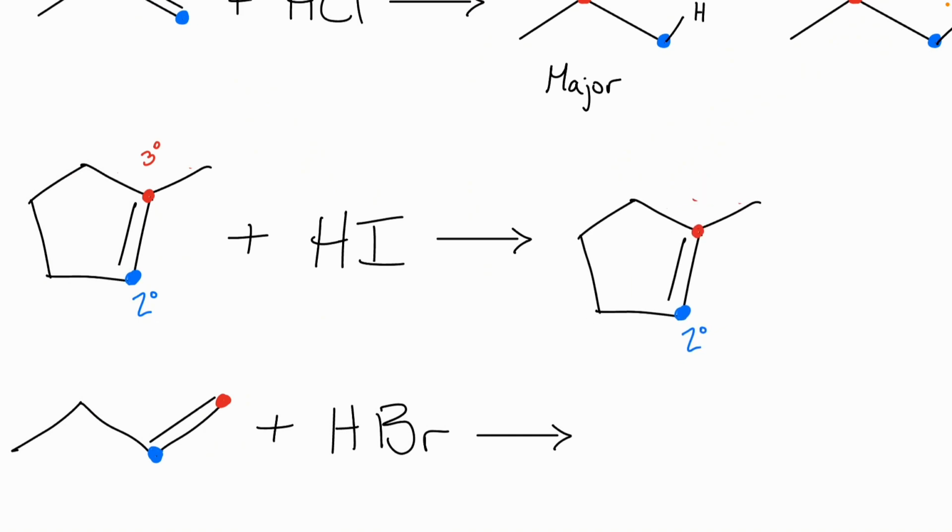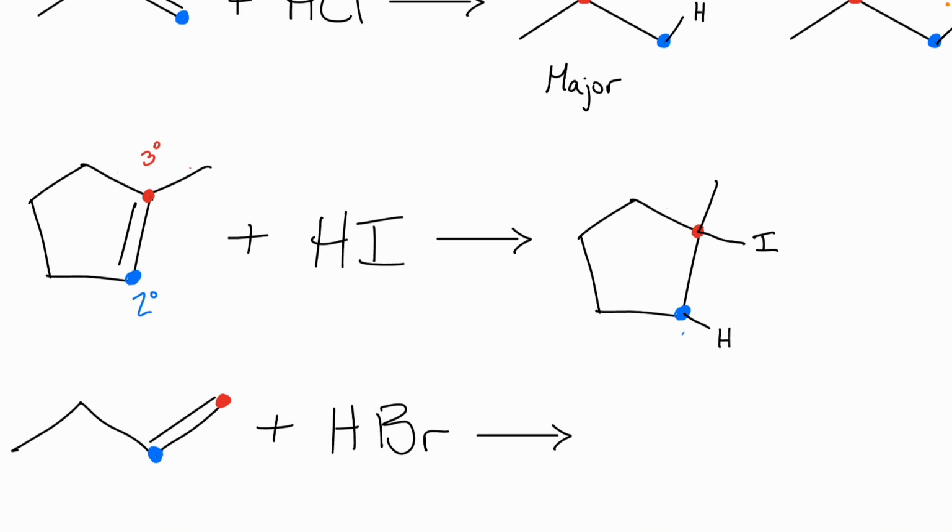Kind of move this over. Oh, it's not Br. Whoops. And again, you don't have to put that hydrogen if you don't want to draw it explicitly. Importantly, though, it would be incorrect to put the iodine on the blue carbon.